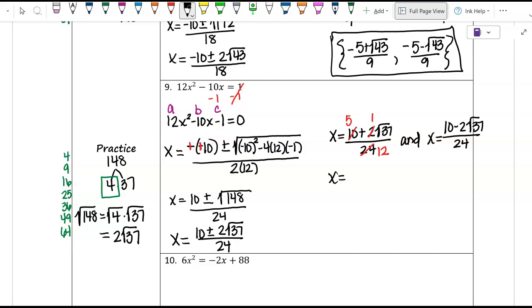So I get x equals 5 plus radical 37 over 12. And I can do the same thing on the other one. 10 becomes 5, 2 becomes 1, 24 becomes 12. So x equals 5 minus radical 37 over 12. So there's my solutions.